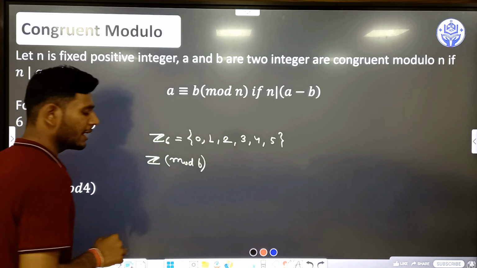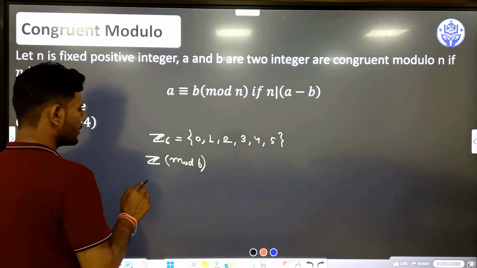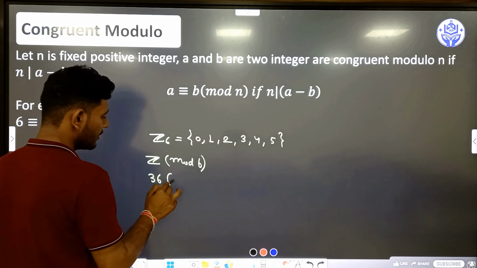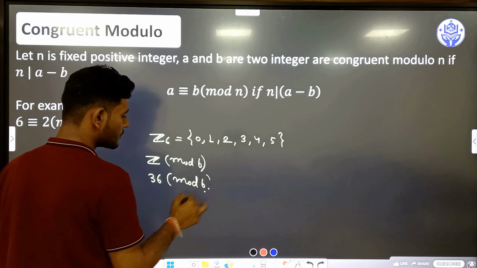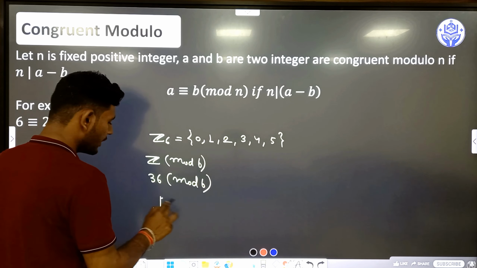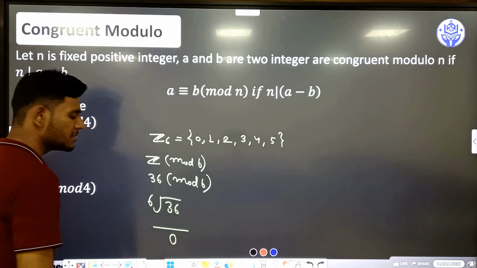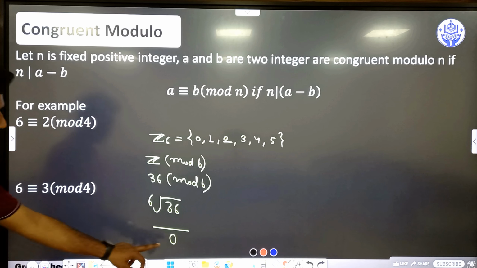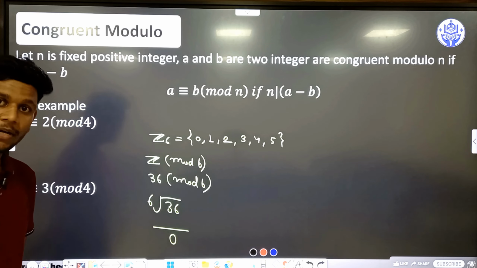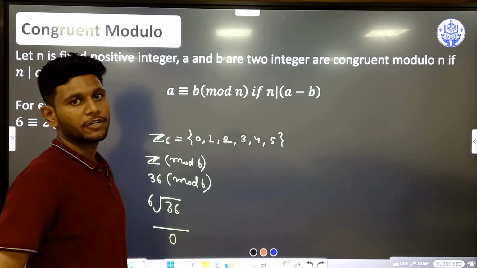Whatever value of integer I take, for example 36, what do you mean by 36 mod 6? It means you divide 36 by 6 and find the remainder, and of course you will get 0 in this case. So this 0 is already here, which means 36 is also part of this.